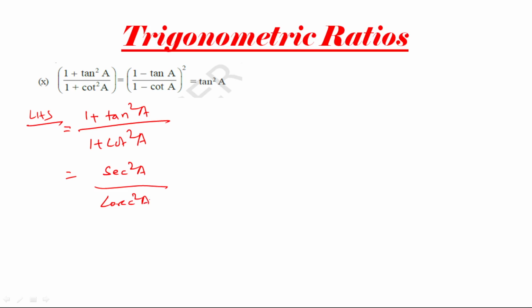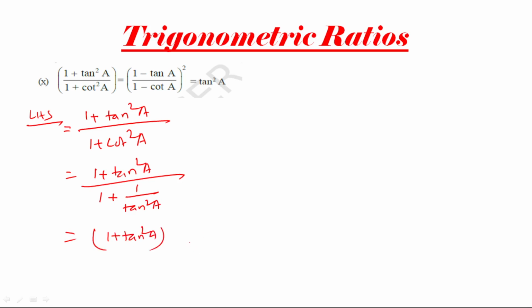It is written tan square A. In other words, there is no need to do that. Yes, there is no need to do that. No need to change. So 1 plus tan square A by 1 plus cot square A we can write as 1 by tan square A. So it will become 1 plus tan square A at the numerator.